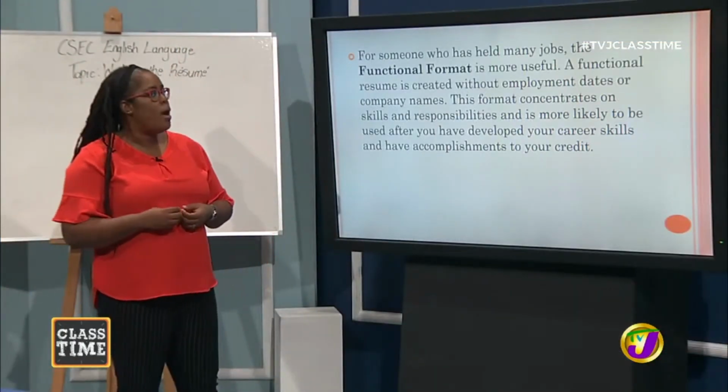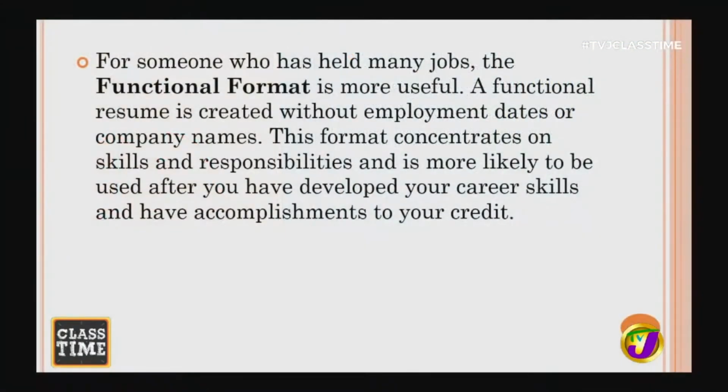For someone who has held many jobs like myself, the functional format is more useful. A functional resume is created without employment dates or company names. This format concentrates on skills and responsibilities and is more likely to be used after you have developed your career skills and have accomplishments to your credit.